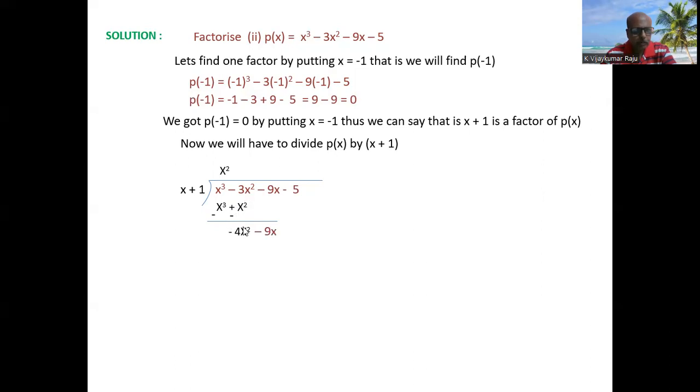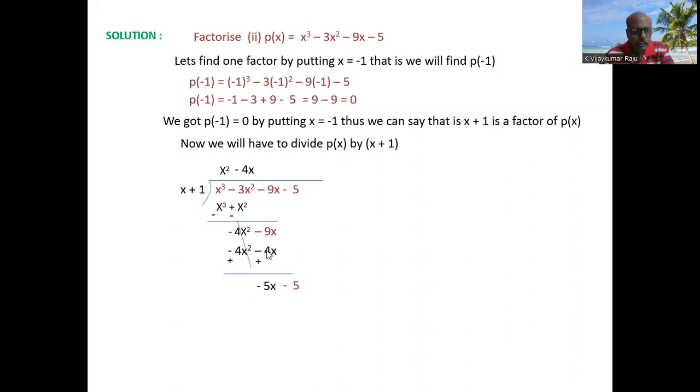And this will become minus 4x square, minus 9x. Take minus 4x, will become minus 4x square minus 4x. Change the sign. So this will cancel. Minus 9 plus 4 is minus 5. Bring this down, minus 5.